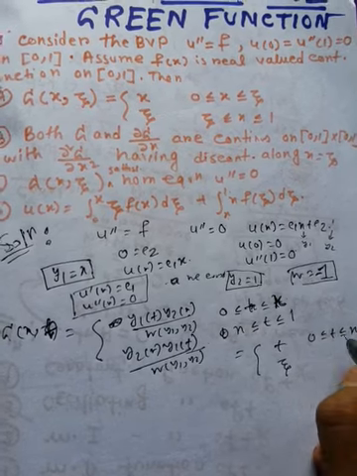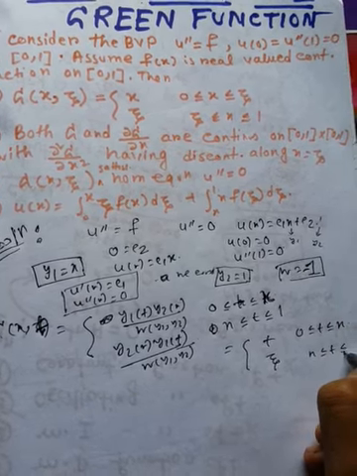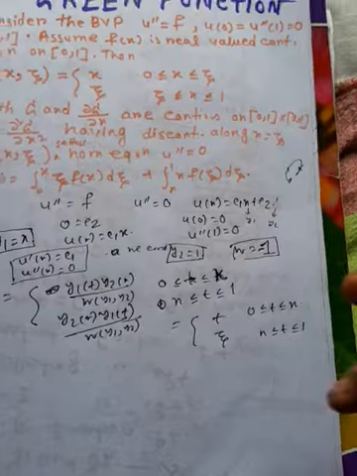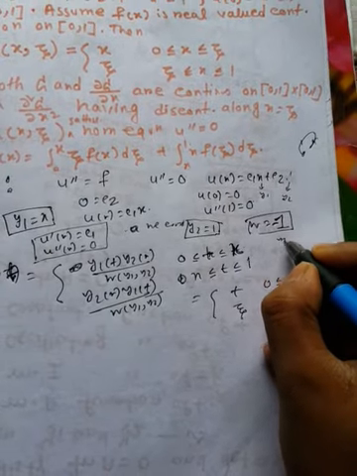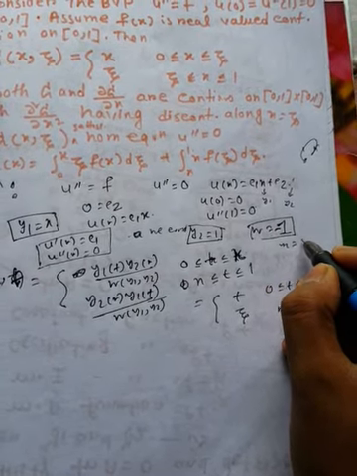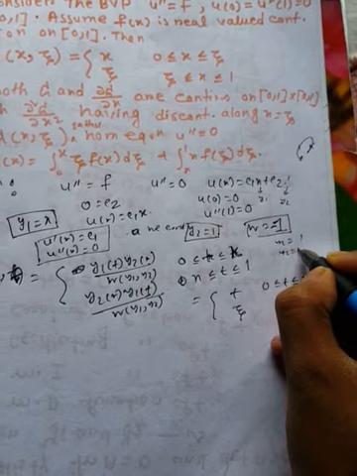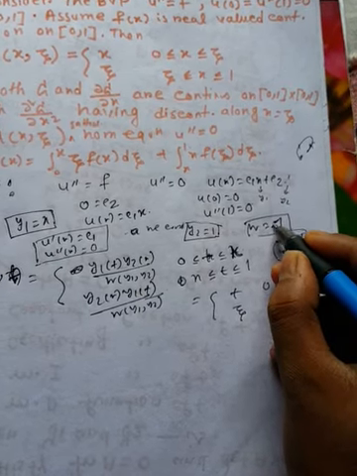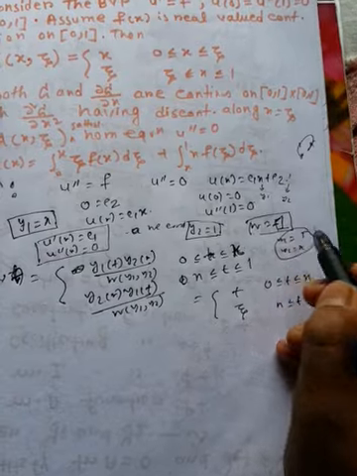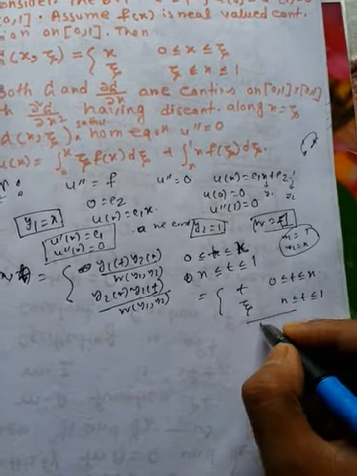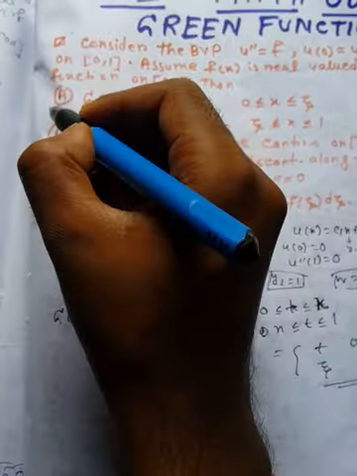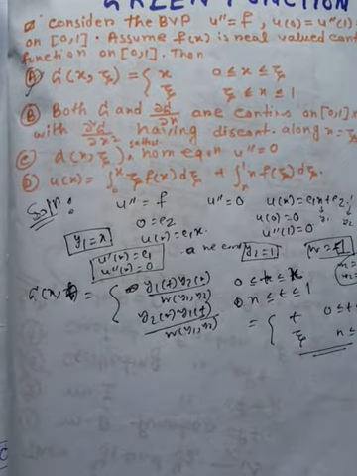If we choose y1 equal to 1 and y2 equal to x, then the Wronskian is 1, so this is minus 1, and the sign does not matter. So this is the Green's function. So option A is correct.